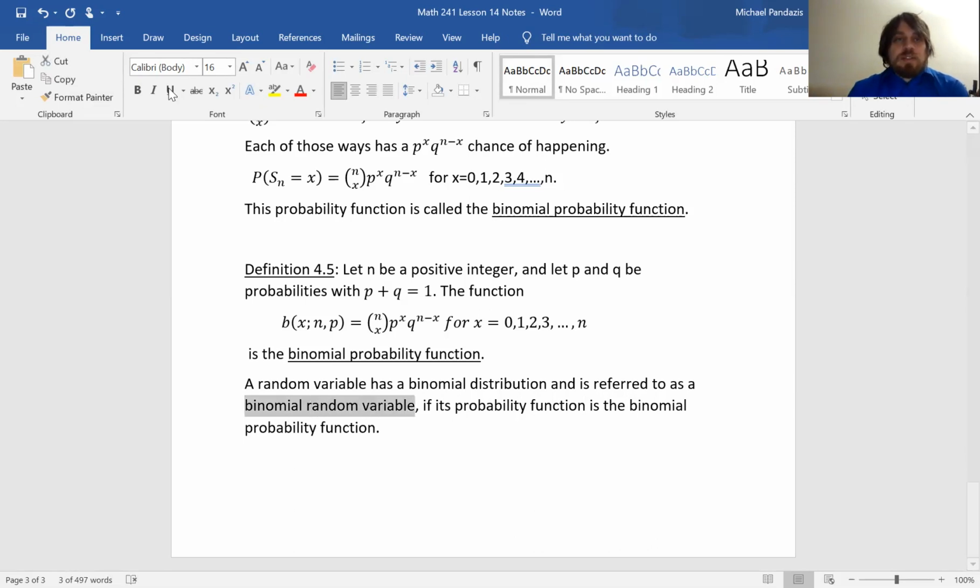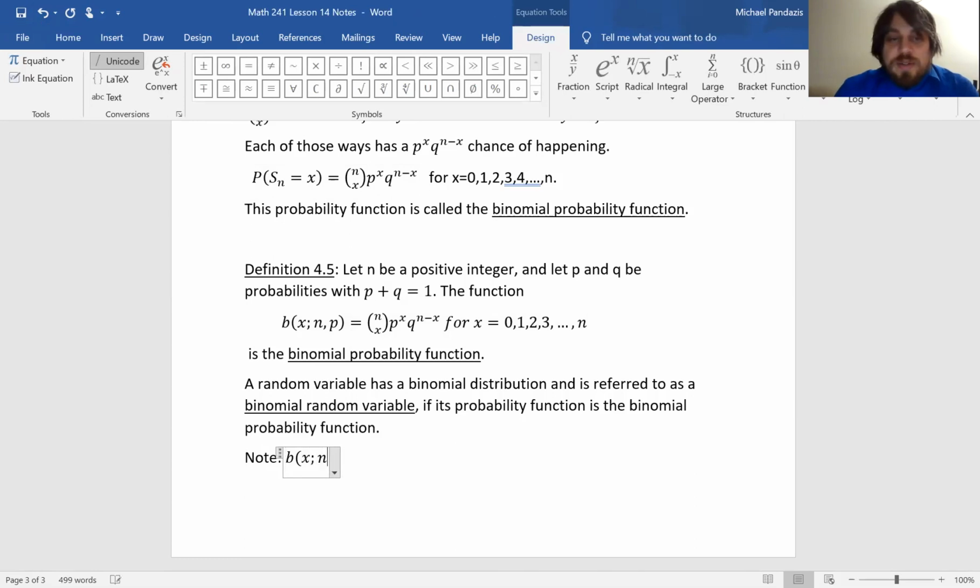So here we're talking about a binomial random variable. If you have a random variable whose probability function is the binomial probability function, this guy, then your random variable is actually a binomial random variable. That's what it's called. Okay, this is just talking about terminology. It is a little annoying to think of this terminology.